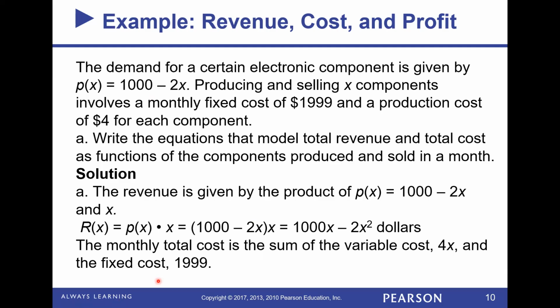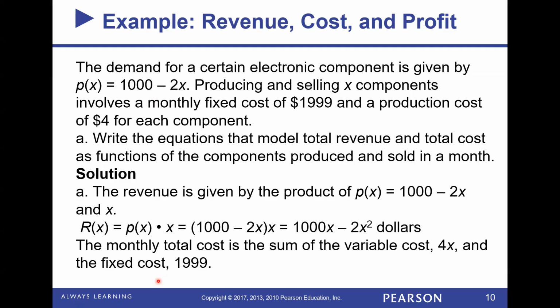So the fixed price is normally our initial cost, very similar to what we would call the y-intercept. And then the variable cost, the rate of the cost, is going to be our slope. So basically 4 times X will tell me the variable cost for every single item I make.